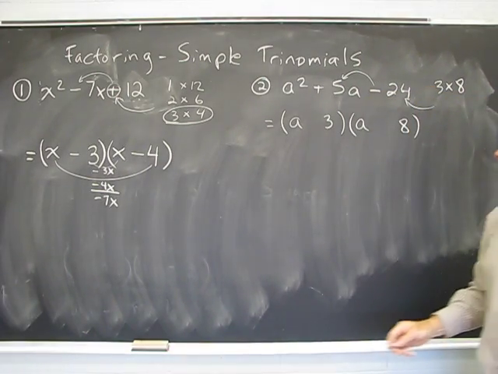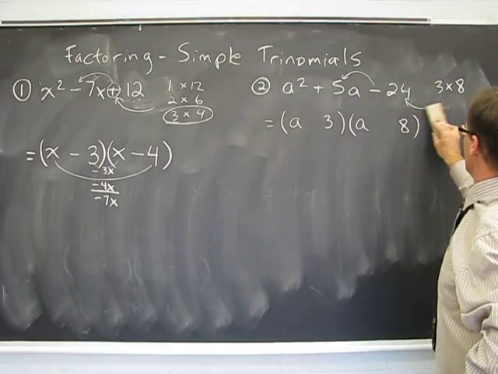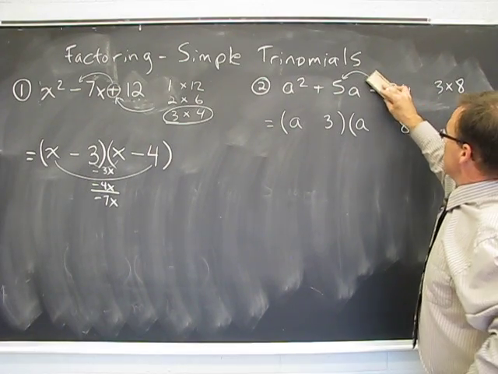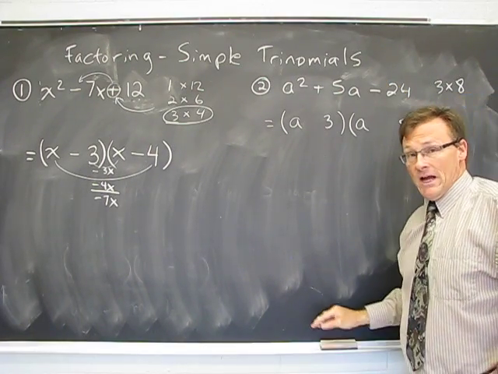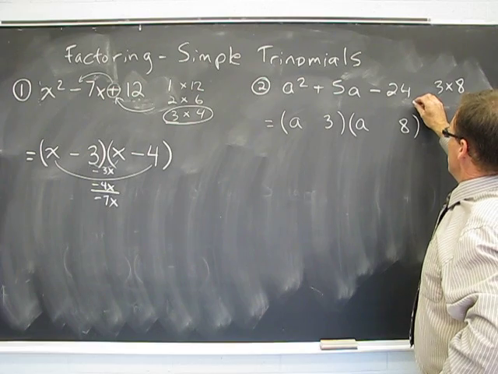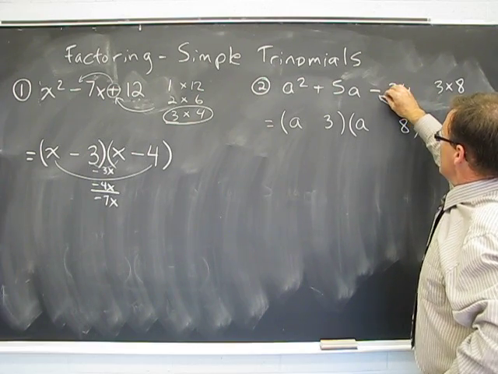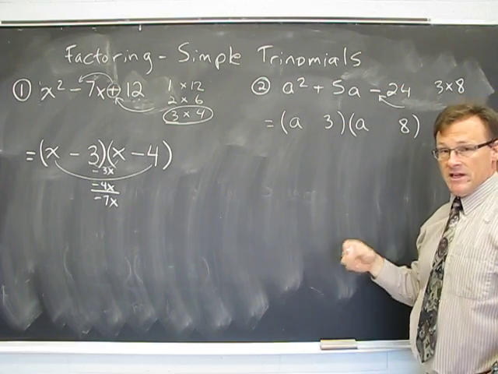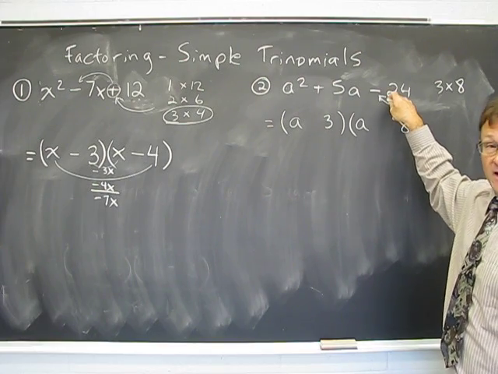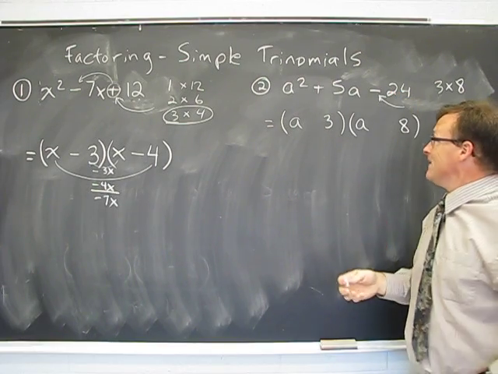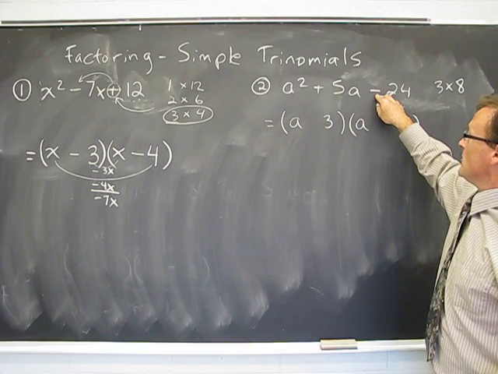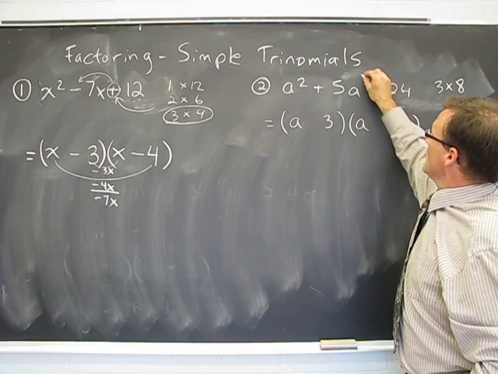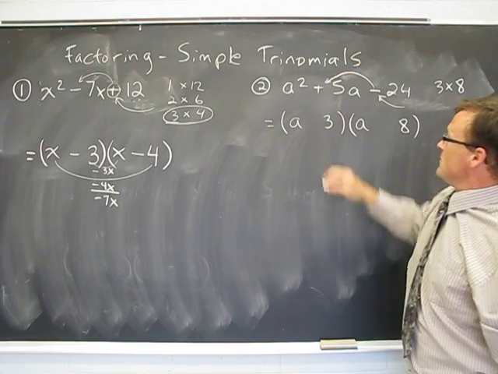Second time through now, I have to ask a couple of questions about the signs. This is, as I said, a little more complicated when the last term is negative. The last term is negative, so that means the signs are different, because the 3 times the 8 is going to give a negative 24. One of them must be negative. So the signs are different or opposite, and the bigger one is going to be positive.